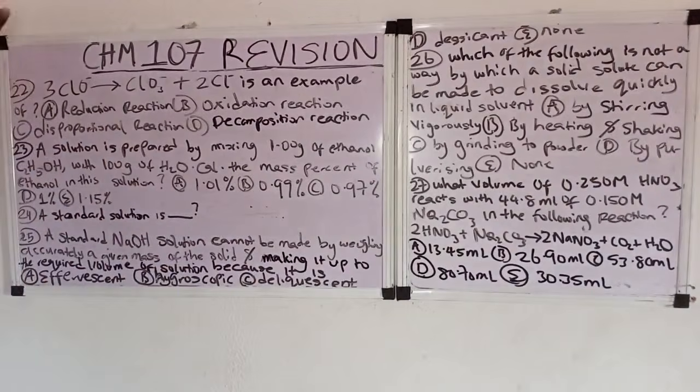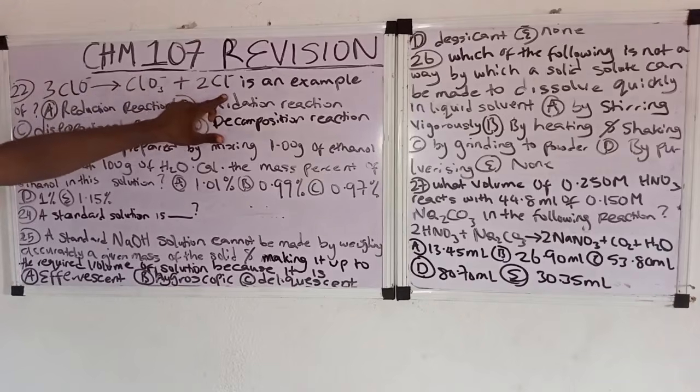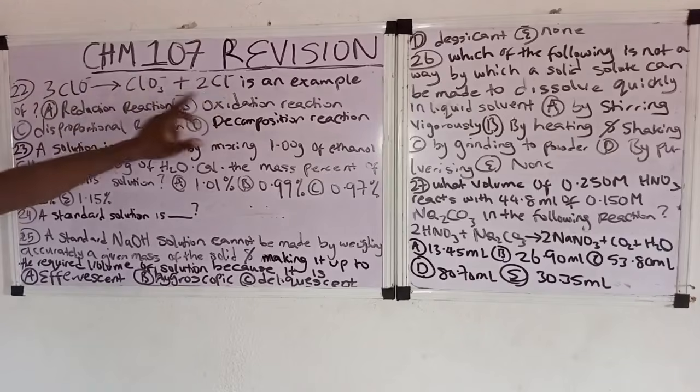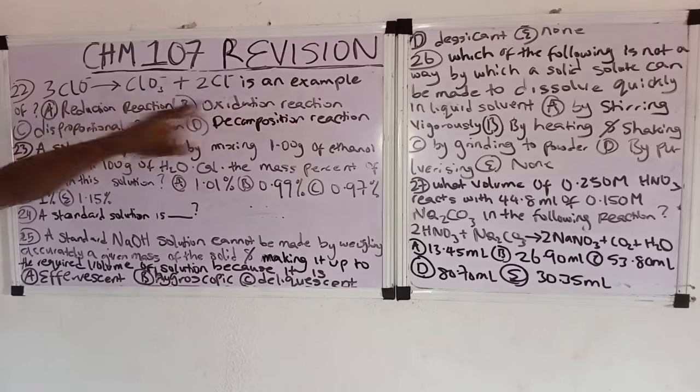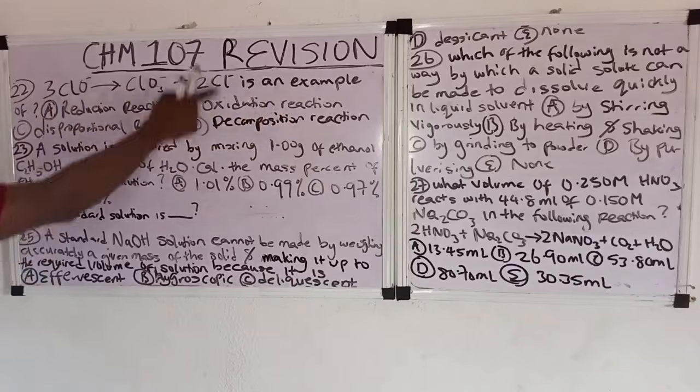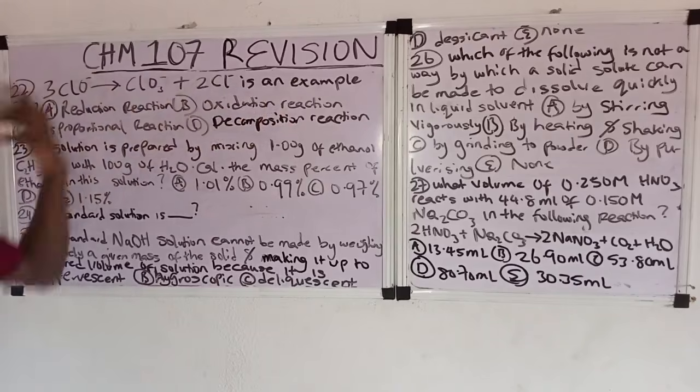Question 22. If you look at this one, you find that this ion dissociates into this one plus chloride ion. They said this type of reaction is an example of what?